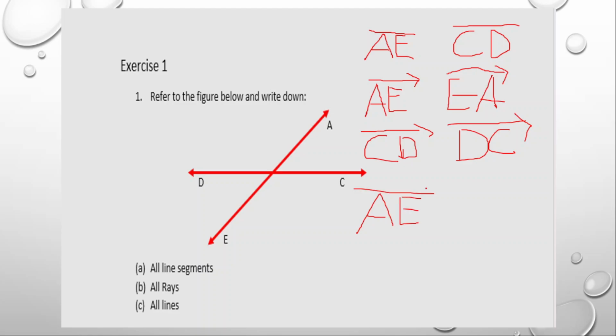This time it's 2 arrows. One to the right, one to the left. And we see the other one is CD. One to the left and one to the right. There we have it. Now number 2 will follow now.